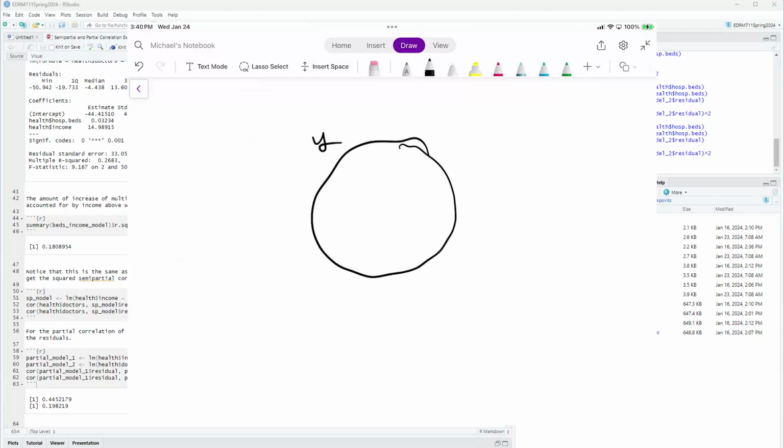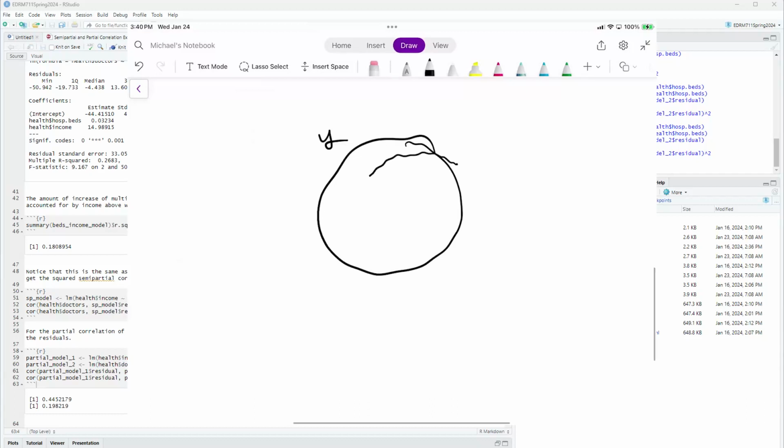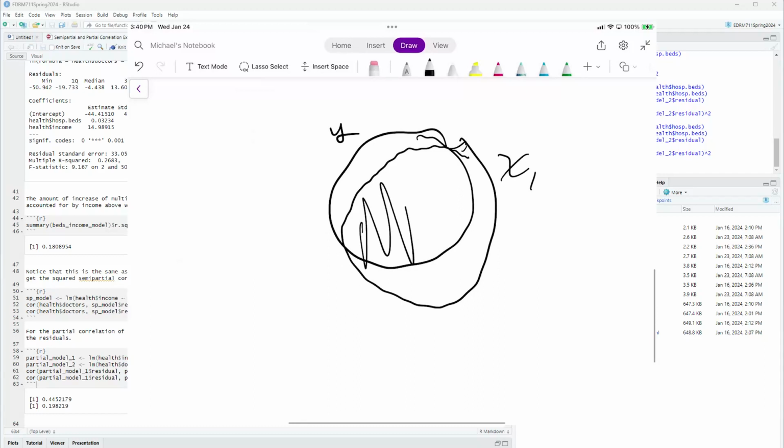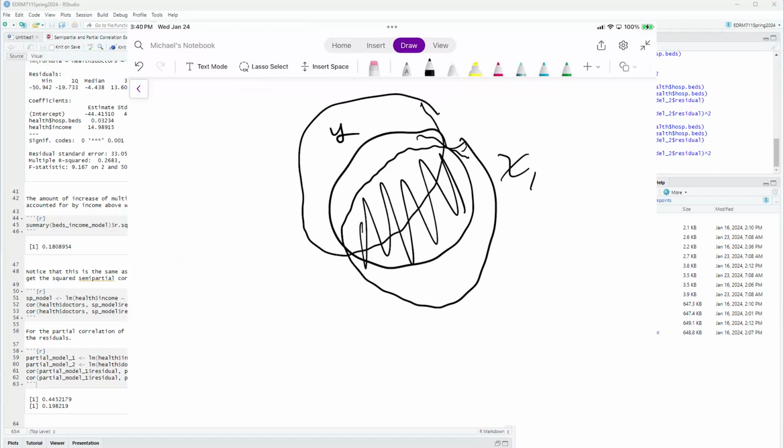So here's y. Here's x1. And x1's explaining almost all of y, except we got that little sliver there. And let's say that x2 comes along here, and x2 explains the rest of this.